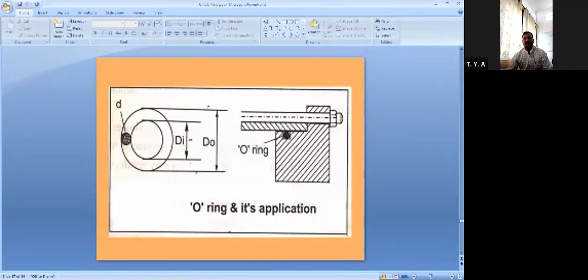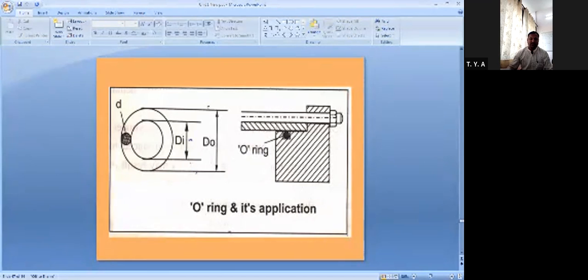If you cut that ring seal, then you will get the diameter D. The ring has an internal diameter Di, and this O-ring seal has an outer diameter Do, and it is positioned here. You can see this black spot. Actually this is the cut section of our actuator or cylinder, and through this diagram we will see where these O-rings are used.